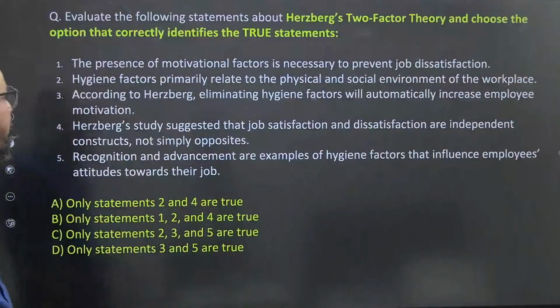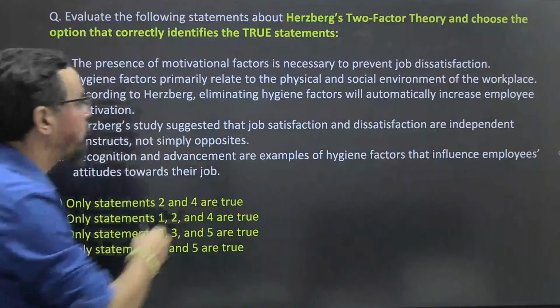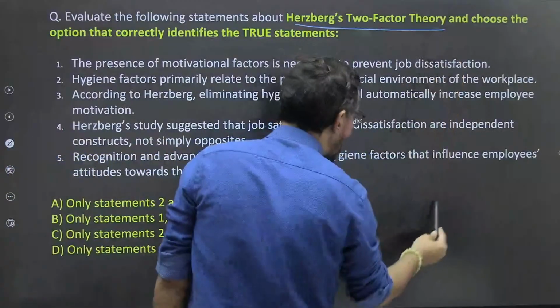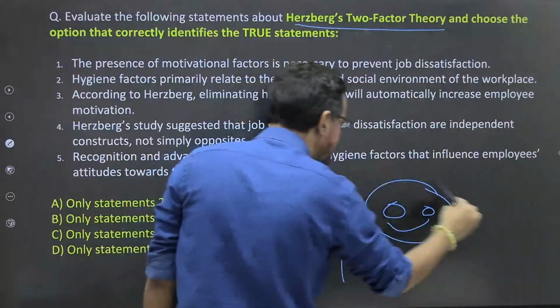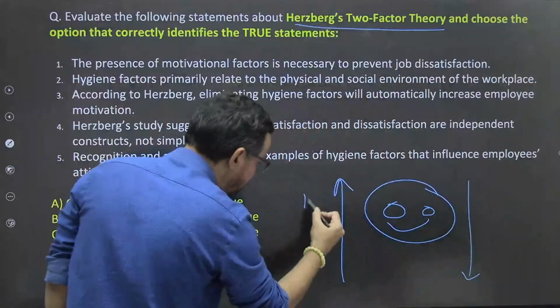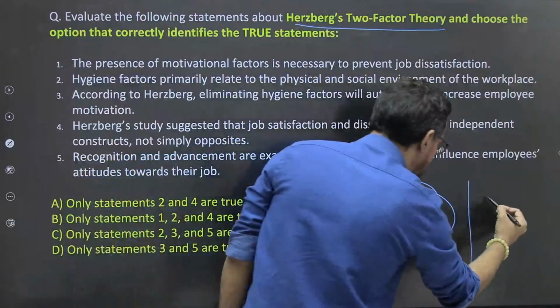Let's move to the next one, Herzberg's two-factor theory. Two-factor means Herzberg says people's motivation is led by 2 factors. One is motivators and the other is the hygiene factor.